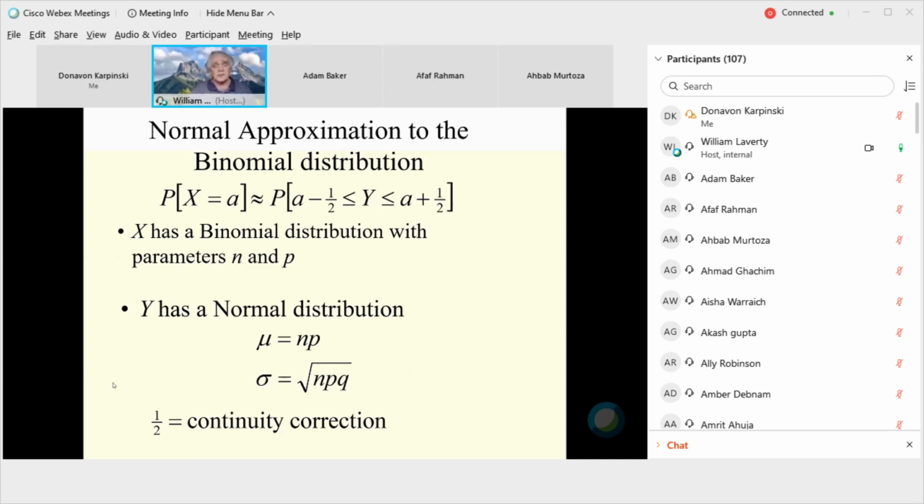Y has a normal distribution with the same mean and same standard deviation as X. The probability that X equals a, where a is an integer, is approximated by the area under the normal curve between a minus a half and a plus a half. The minus a half and plus a half is called the continuity correction. It's because you're approximating a discrete distribution by a continuous distribution.